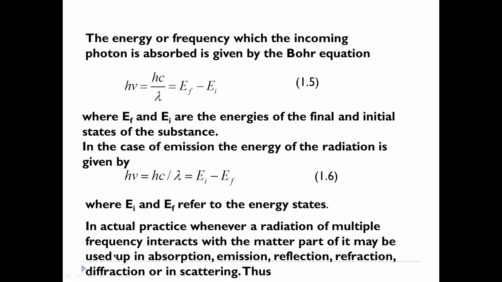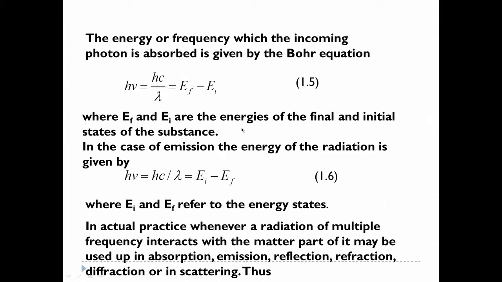The energy or frequency at which the incoming photon is absorbed is given by the Bohr equation, that is h nu is equal to h c by lambda, which should be equal to the energy of the final state minus the energy of the initial state of the substance.